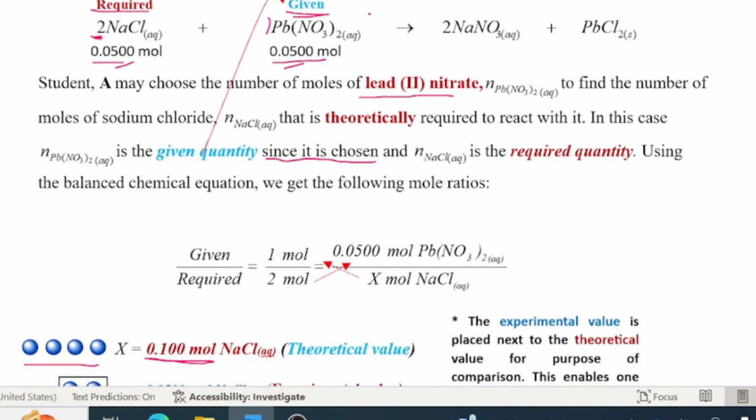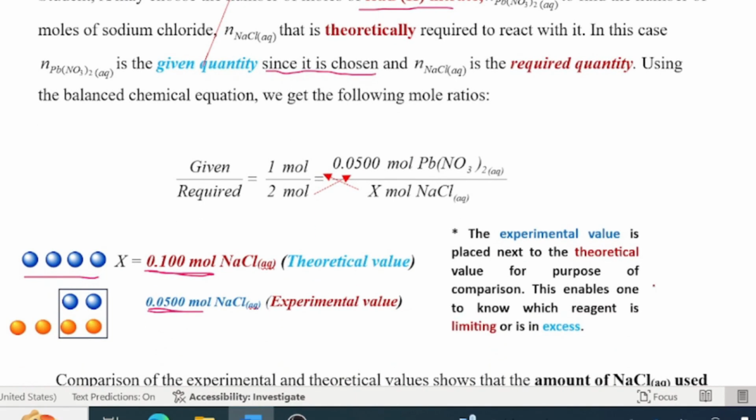The given one is 1, and the required one is 2. Put in the value for the given one, and X, which is the number of moles of sodium chloride that it's supposed to use, is this value.